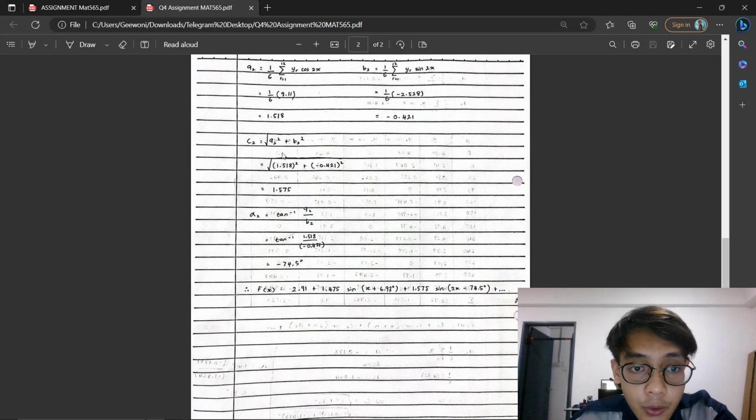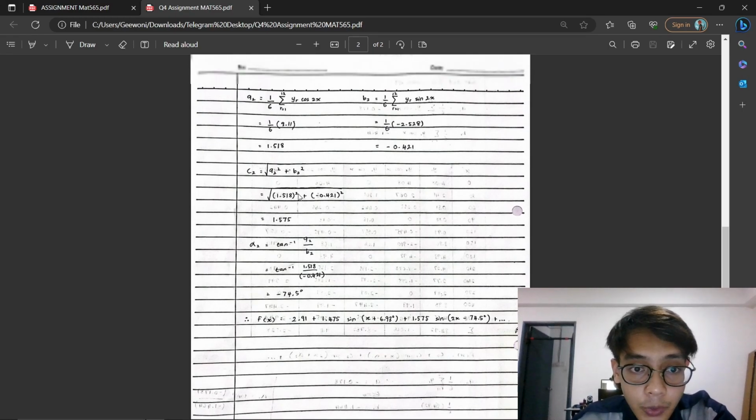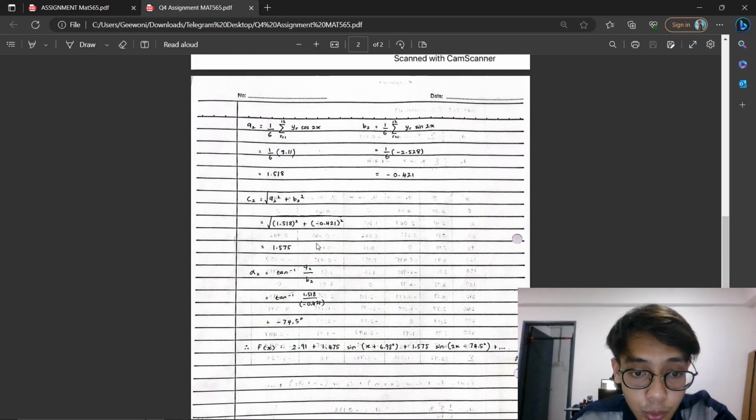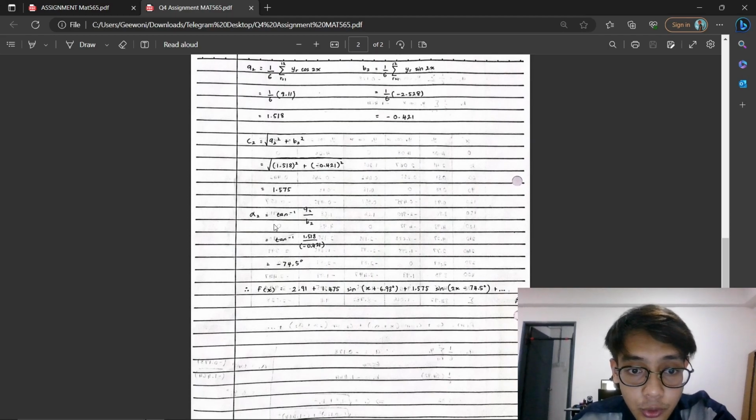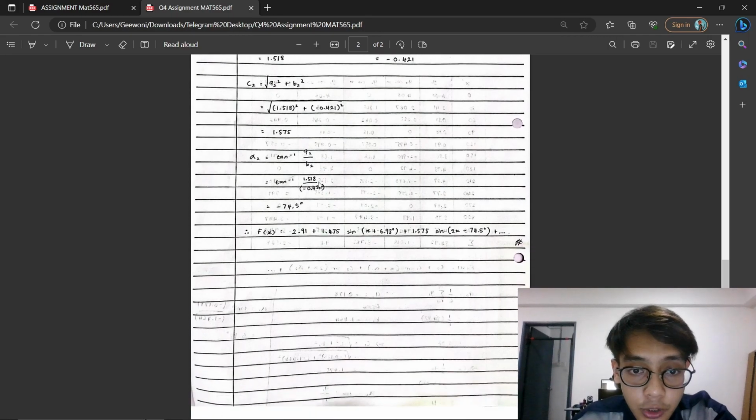For C2, we use the same formula as C1, that is the square root of A2 squared plus B2 squared. Just put the numbers inside the formula, and then we get the answer 1.575. Okay, we're done with C2. Now we continue with alpha 2. For alpha 2, we use A2 and B2. The equation is tan inverse of A2 over B2. Just put in the values we have here, and then we get the answer negative 74.5 degrees.